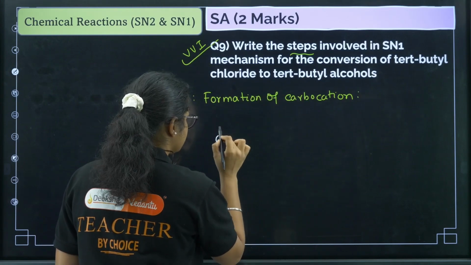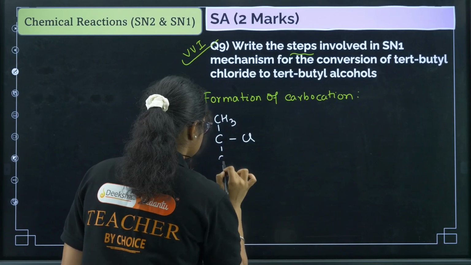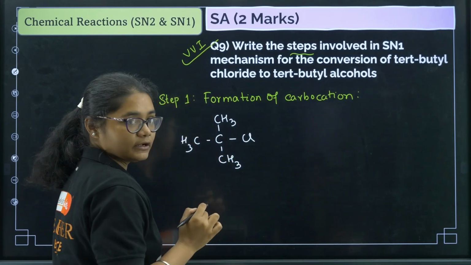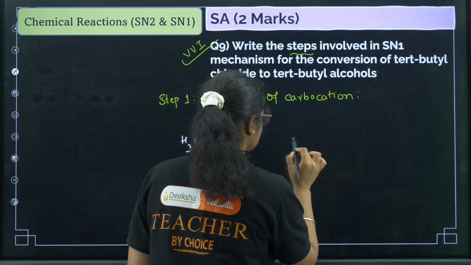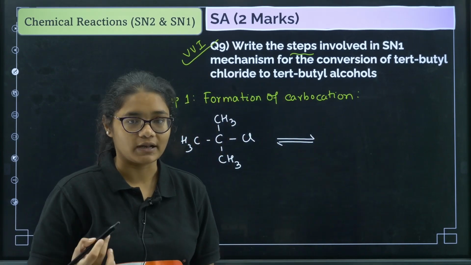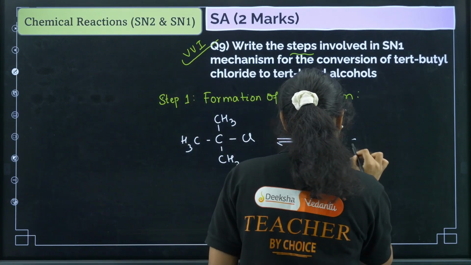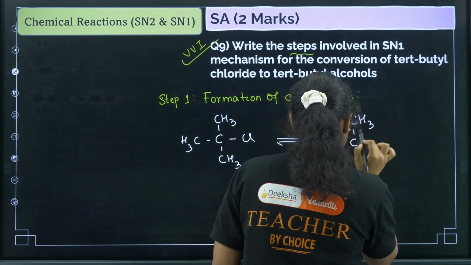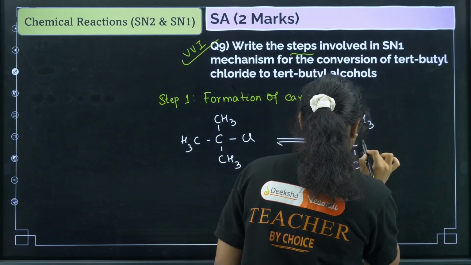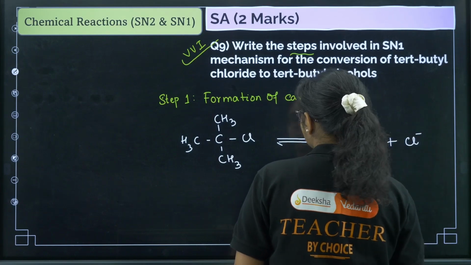So we can write like this: C, CH3, Cl, CH3 and CH3. Tert-butyl chloride, what happens here? There is the formation of carbocation. This chlorine moves out, so we will get a carbocation here, and a Cl minus will form.